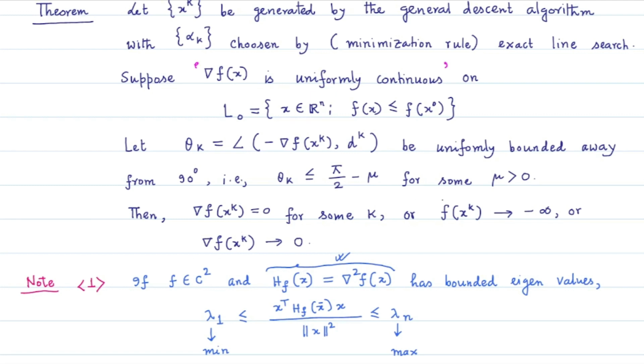We may fall into this case when the function f is unbounded below. So we just go for assuming that the function f is bounded below. If unbounded, then you may fall into this case.